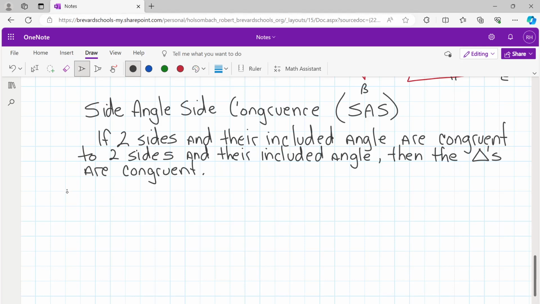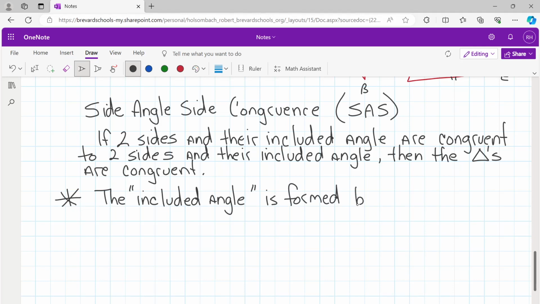And real important right here, the included angle is formed by the two congruent sides.